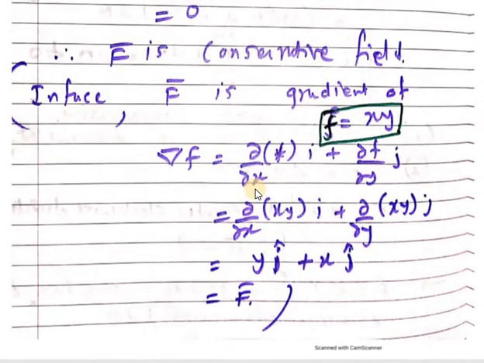So if the vector F is conservative, that means there exists a scalar potential function so that F is written as grad f. So simply we can conclude F is a gradient field.